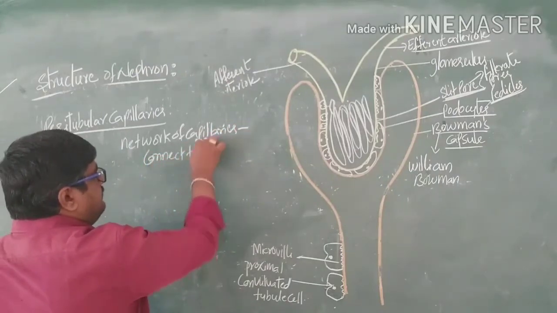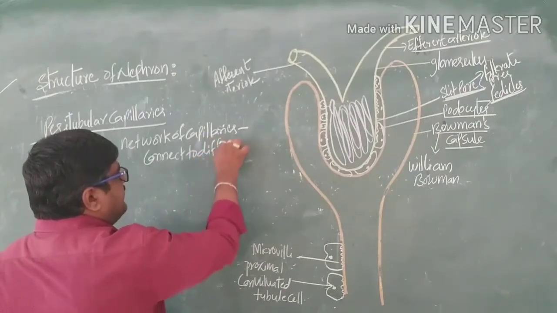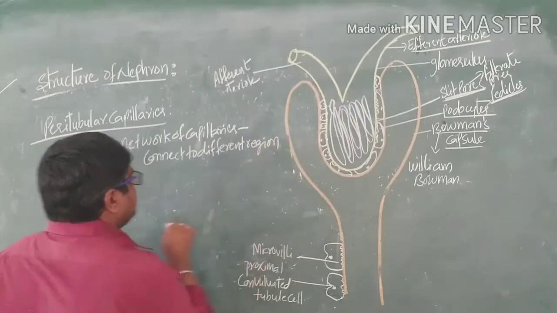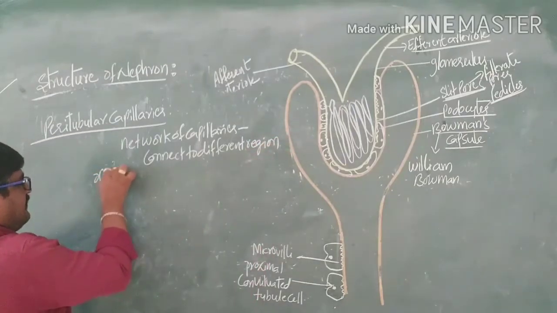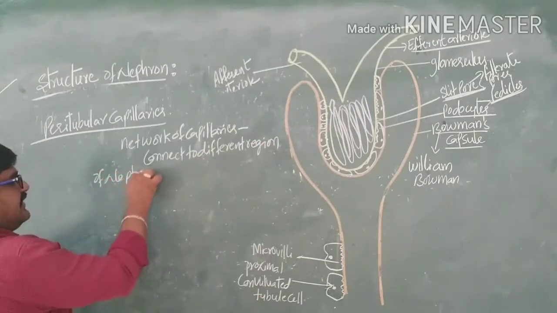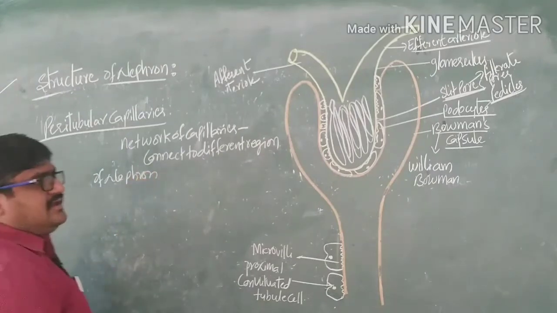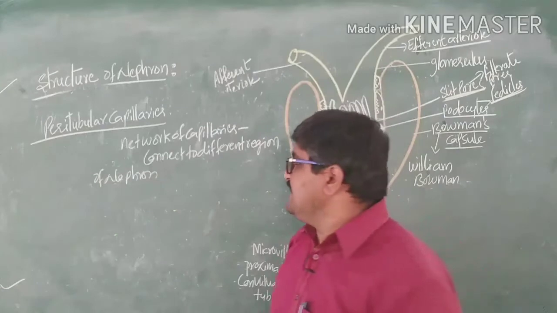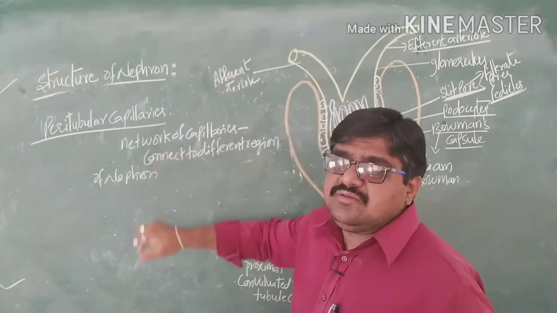to different regions of the nephron. Network means many capillaries.